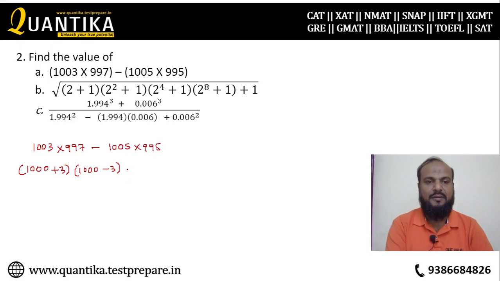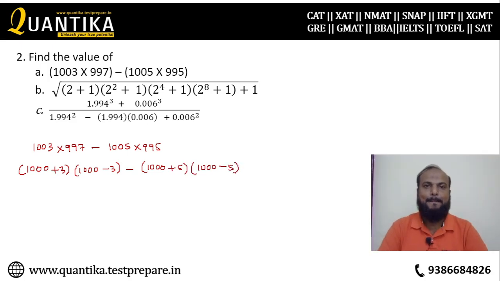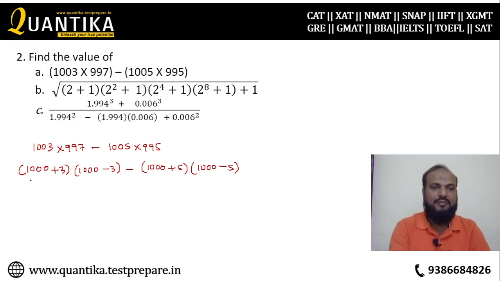This will be like 1000 plus 5 within bracket 1000 minus 5. Now 1000 plus 3, 1000 minus 3 is like a plus b, a minus b, and this will be like a plus b and a minus b.